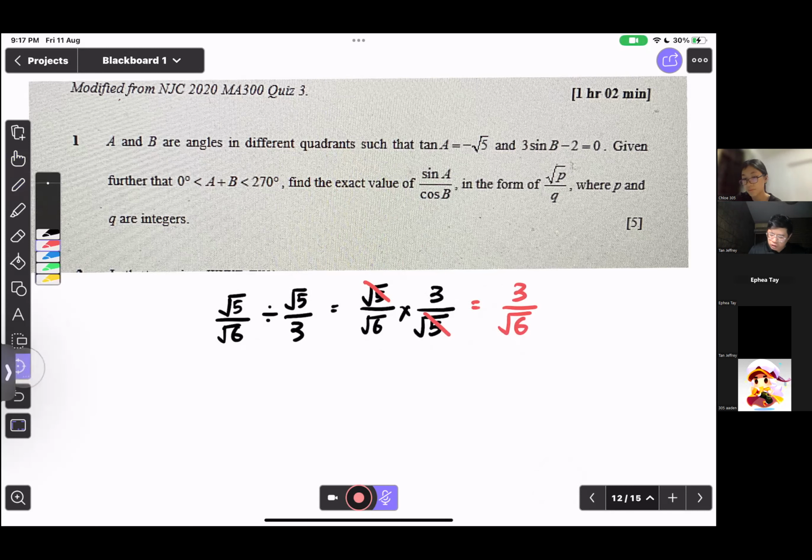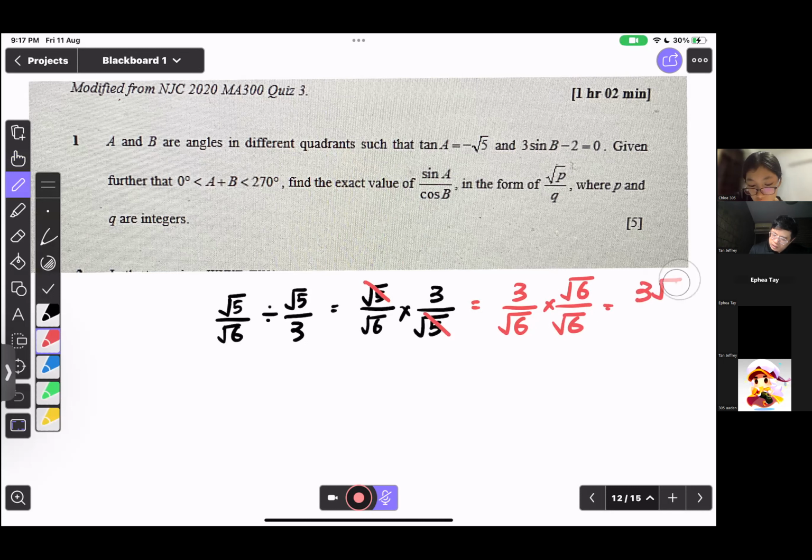Then when you see the denominator, you conjugate: square root 6, square root 6. The numerator is 3 square root 6, and the denominator is square root 6 times square root 6, which cancels out to give 6. That's all.